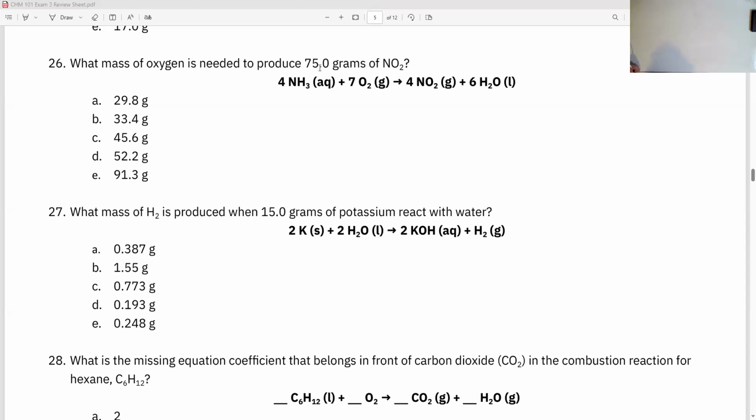We're going to be going from grams of NO2, figuring out grams of oxygen in question number 26.